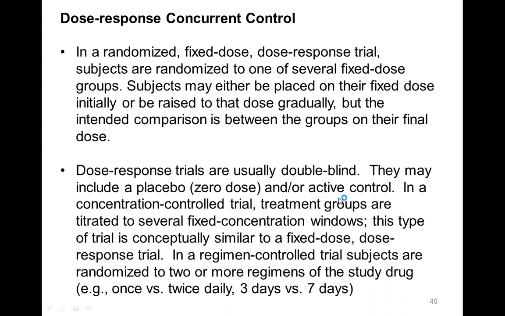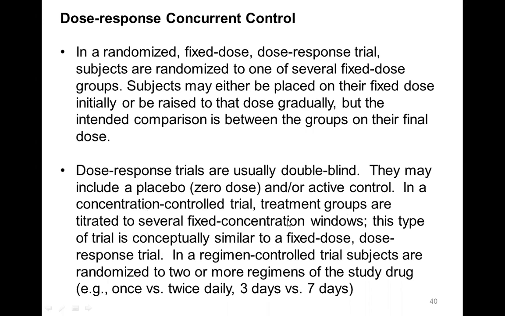Dose response trials are usually double blind. They can include a placebo and or active control, right? So you can give a 0 dose of the drug, or you can have any of our active controls. Then in a concentration control trial, that's essentially dose response.